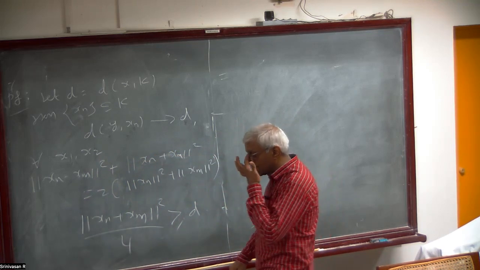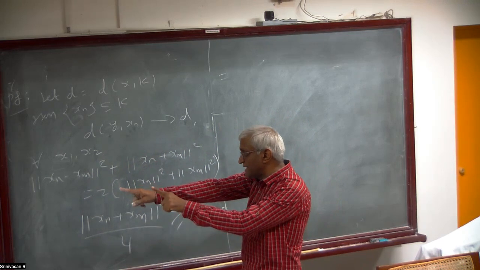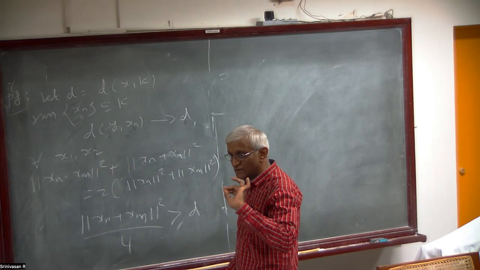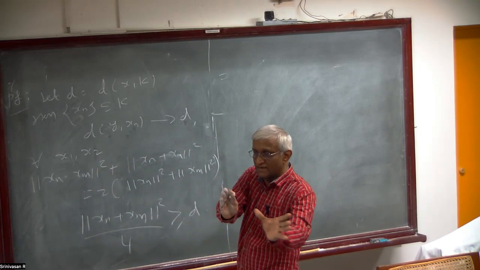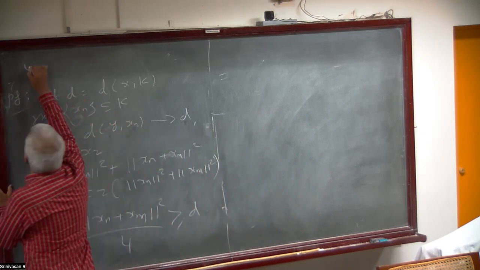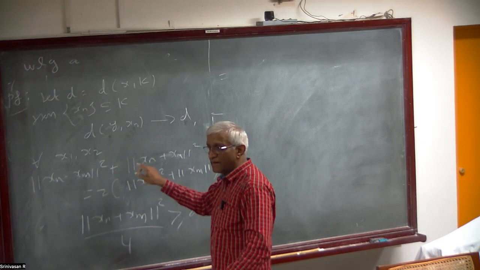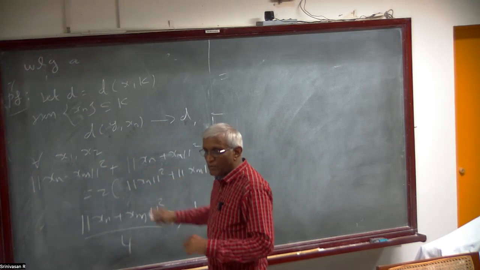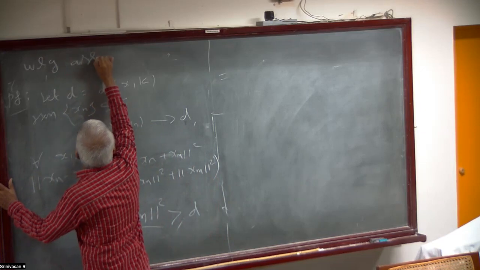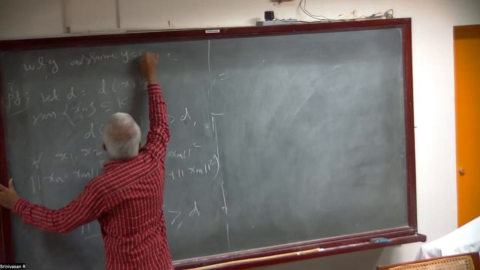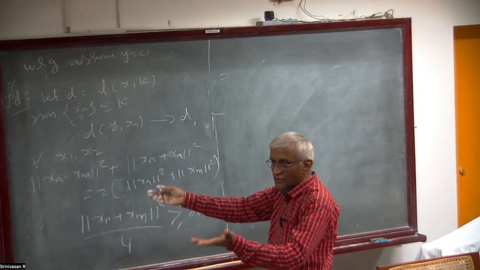I forgot to say something. Now, you have a y there; without loss of generality, I assume y is 0. If you prove it for y equal to 0, then you can shift the set. Otherwise, you have to use this y; without loss of generality, assume y equal to 0. You consider instead of K, you consider K minus y.